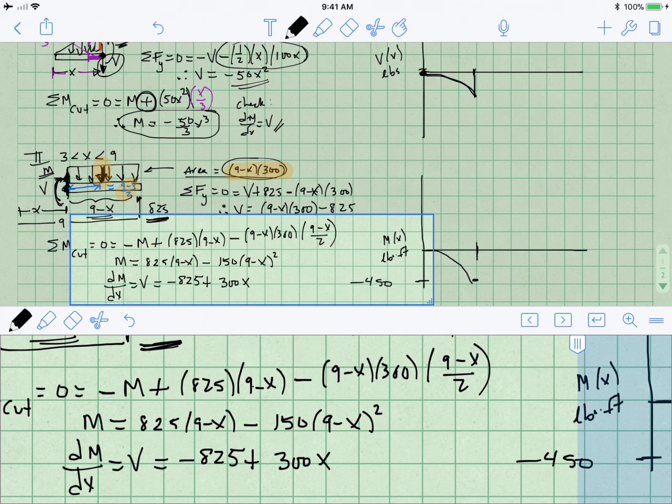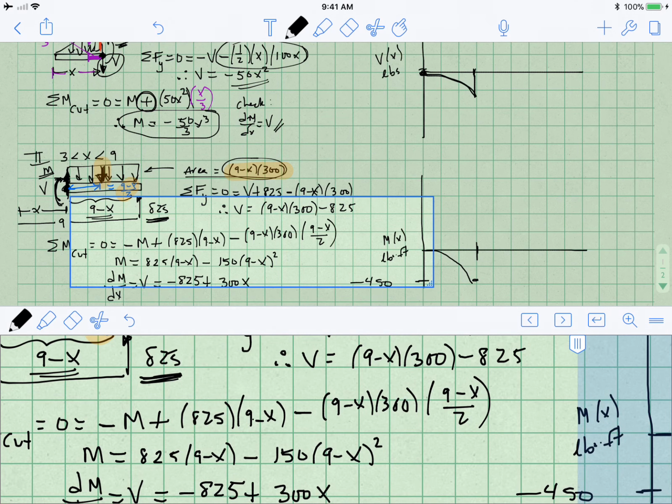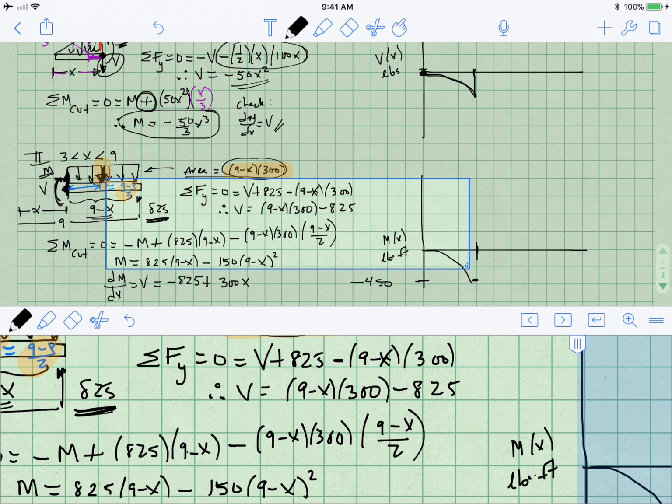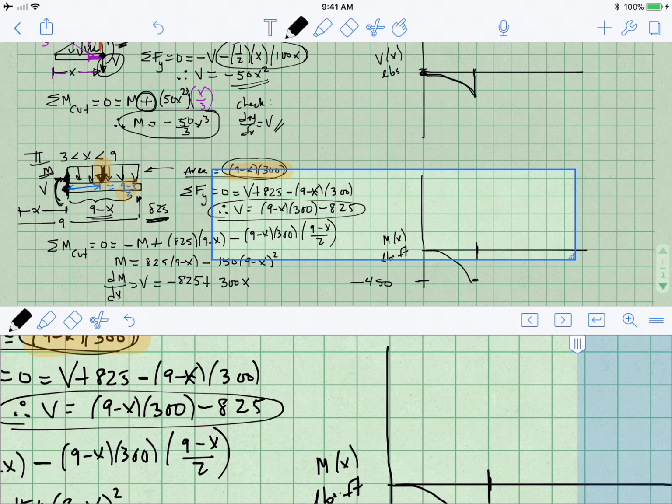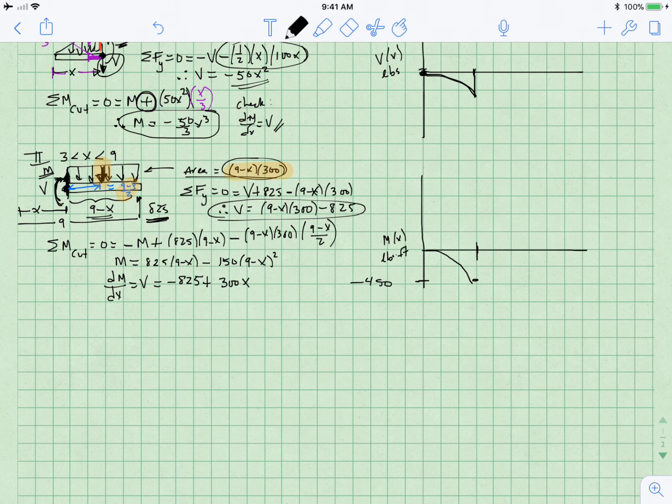So that should match what we had found for shear. And if we expand what we had found for shear before, you should find that they match. Let me make sure that that is so. All right, yep, we got the minus 825.